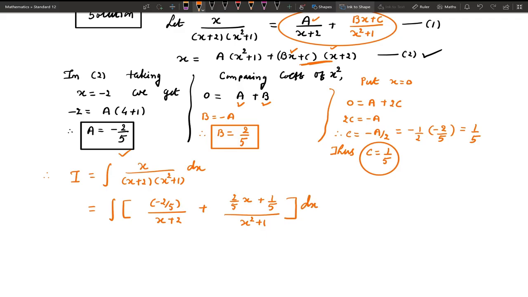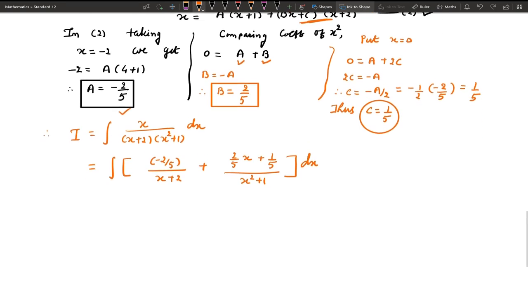Just in expression 1, on the right hand side, we have substituted the values for a, b and c. a is minus 2 by 5, so minus 2 by 5 upon x plus 2, b equal to 2 by 5 into x, c is 1 by 5. Now we integrate this term wise.